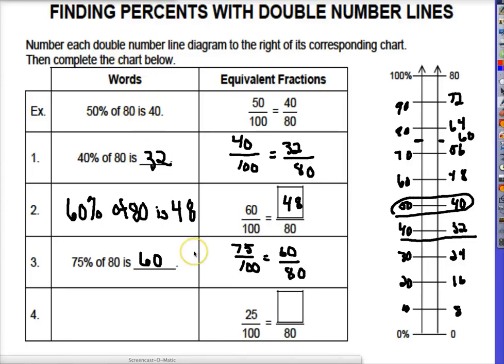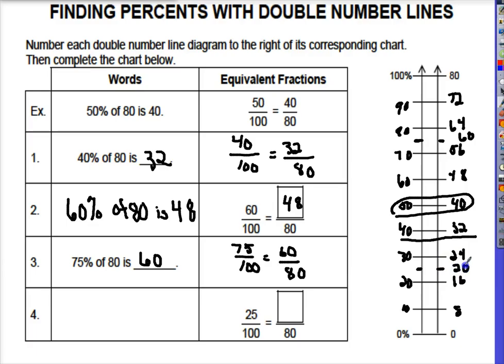Okay, so now let's take a look at our last one. What is 25% of 80? Well, again, I'm going to look at, here's 20 and 30. 25 is going to be halfway. So I'm going to need something that's halfway between 16 and 24.